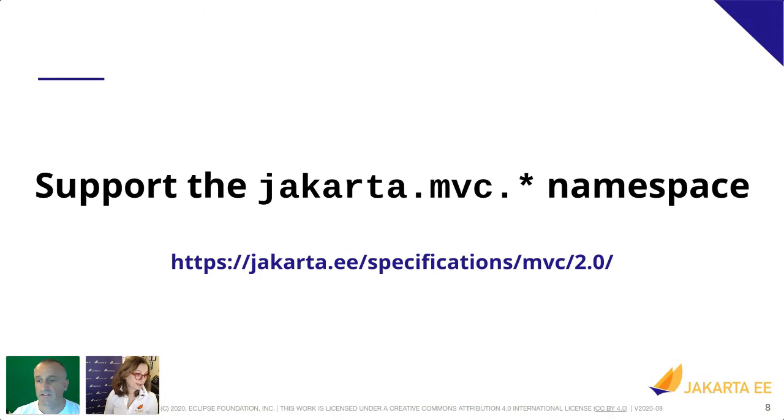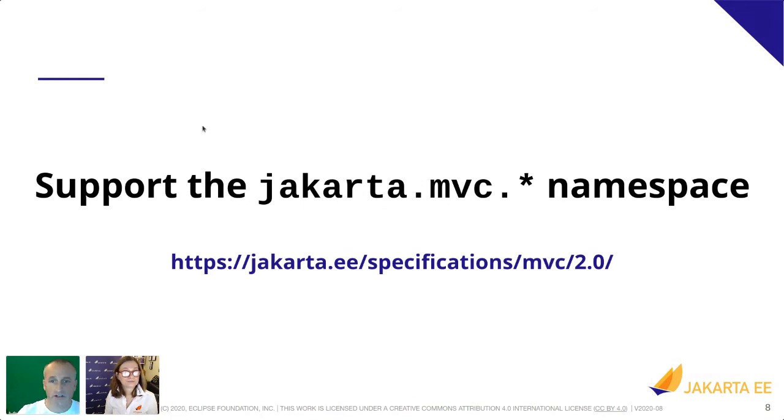Yeah, it's fantastic to see. Yes. One of the cool things about this specification is that it has had massive community support. From the beginning, there have been lots of JUGs supporting MVC, and we have tooling support.